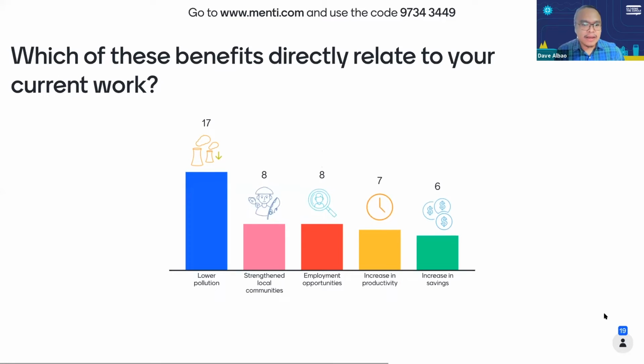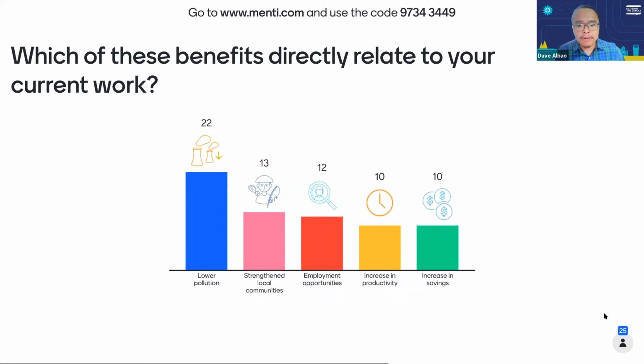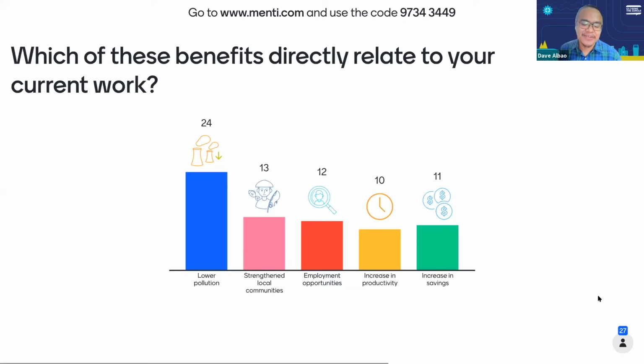So definitely a majority also aim for the benefit of lower pollution or reducing greenhouse gas emissions, reducing pollution. Interestingly, I see increase in savings as quite low compared to that. It's an interesting insight. Okay, thank you again. 27 out of 66. I hope on the next Menti slides you would also pitch in for those who have still not responded to our Menti poll.